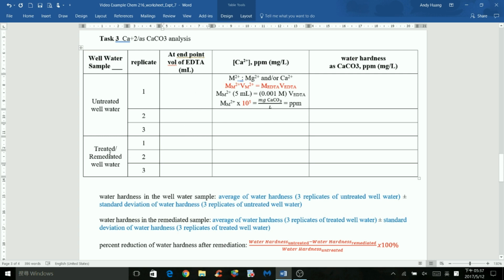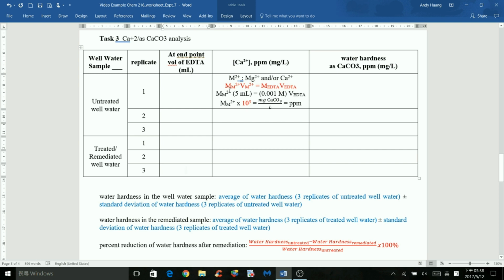And same for treated slash remediated well water sample. So you did 3 trials, and there should be 3 endpoint volumes of EDTA used. So the complicated part is how do you find out the concentration of calcium 2+ or water hardness as calcium carbonate.